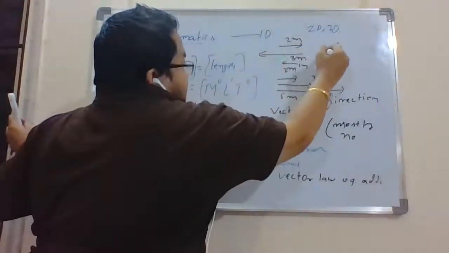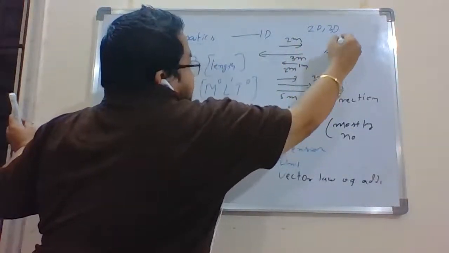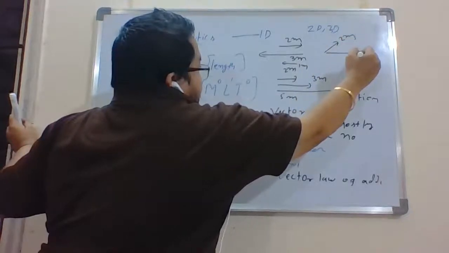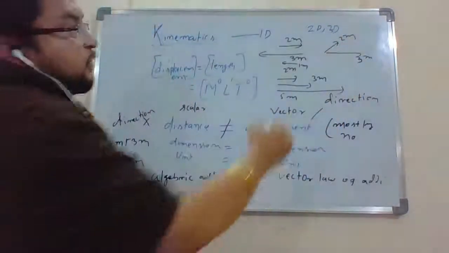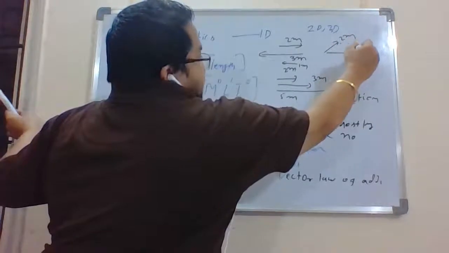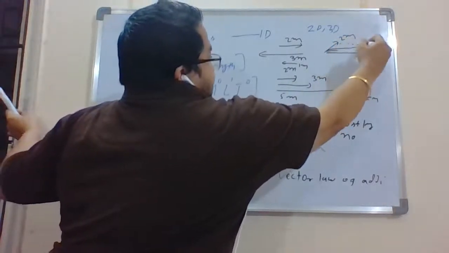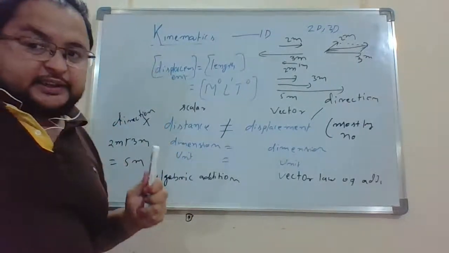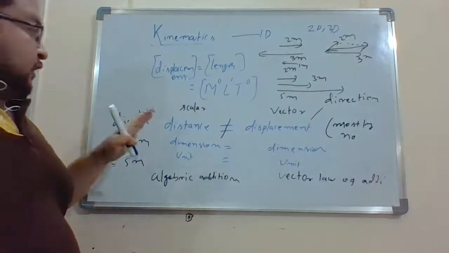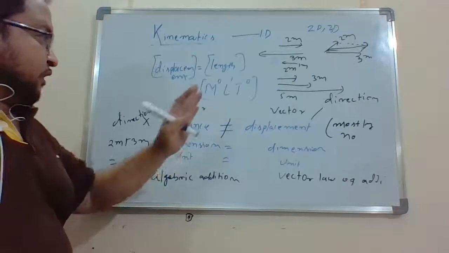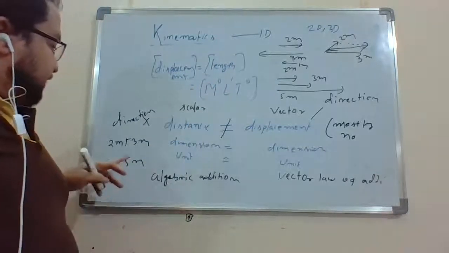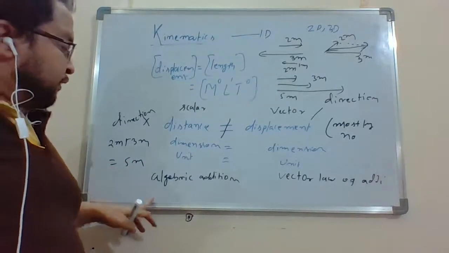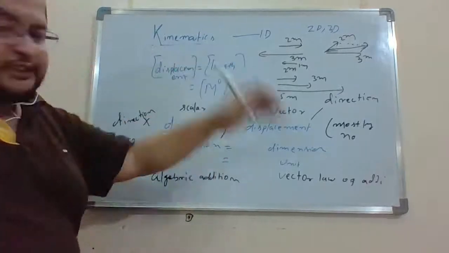And if there is a separate angle, then we need to find the net displacement by completing the parallelogram law. So this would be the resultant. That's why displacements are added as per the vector law of addition, but distance we can add as per algebraic addition. So there are many differences.